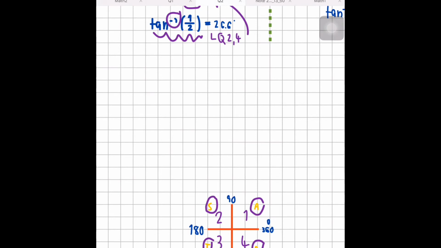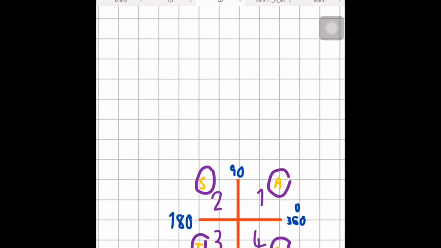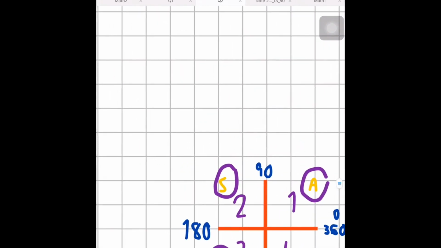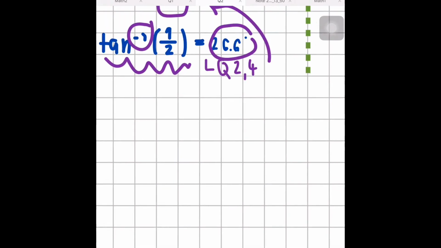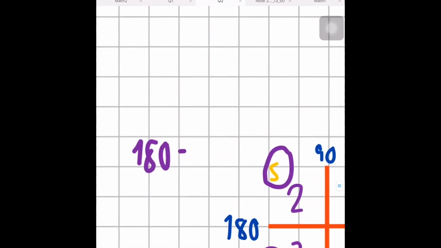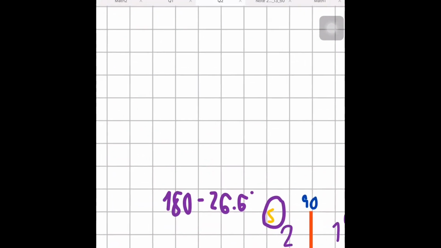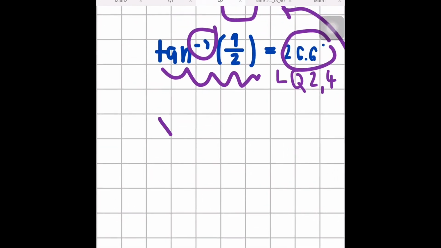So quadrant 2 is between 90 and 180. To find this one, we will minus 180 with 26.6, and the result is 153.4.